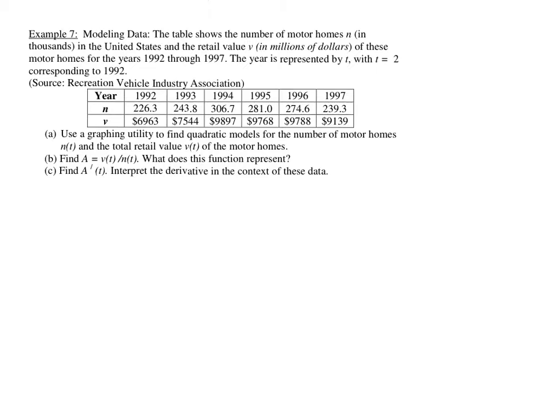So 1990 is our starting point. So we have 2, 3, 4, 5, 6, and 7. Those are our values of T. Now remember, N is in thousands, and V is in millions of dollars.